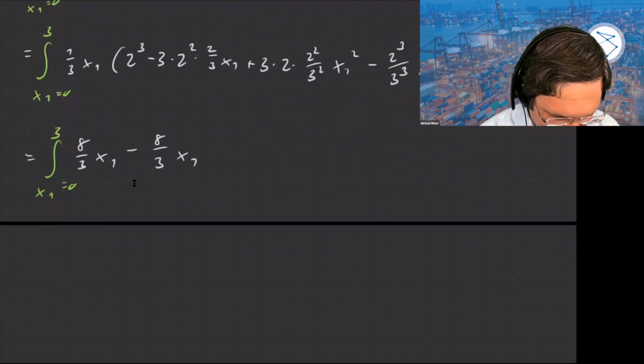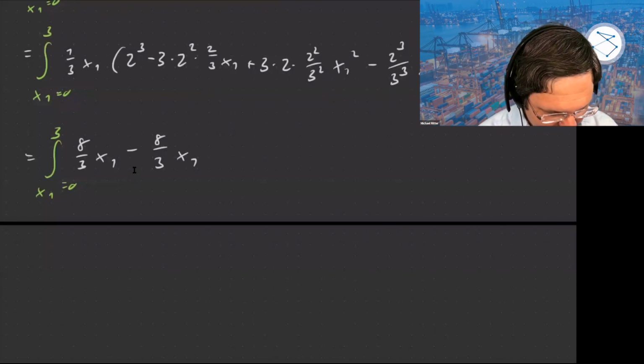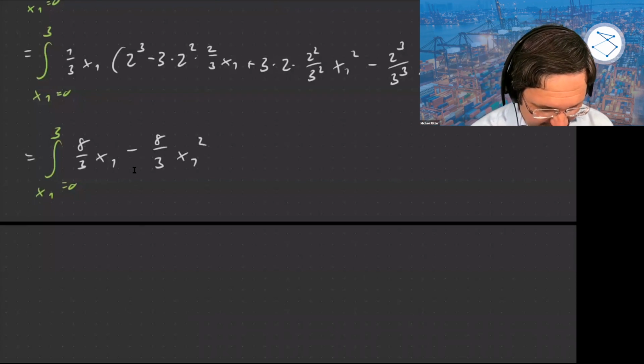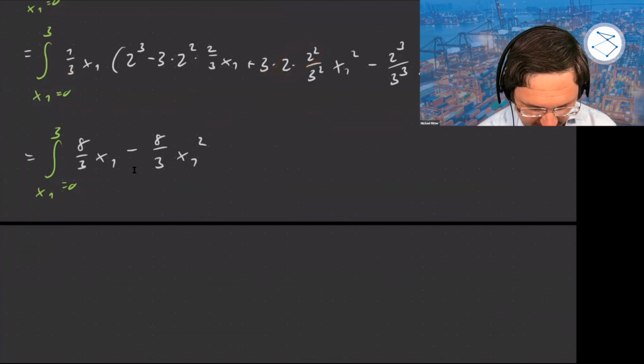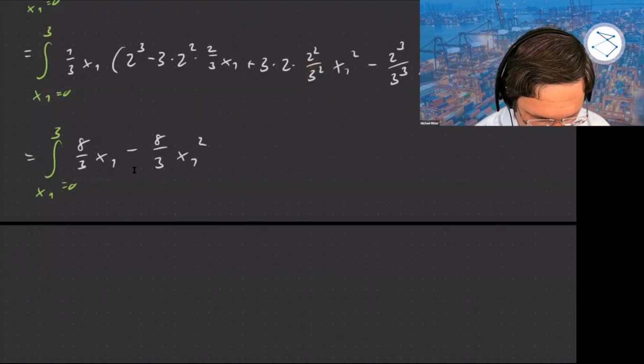Actually, I think I forgot something. Yeah, I forgot an x1, right? So of course that should be x1 squared. Yeah, sorry. So we don't get rid of anything. This one here, 3 that cancels out. So we have again 2 to the power of 3. So that's 8 over 9 x1 to the power of 3.